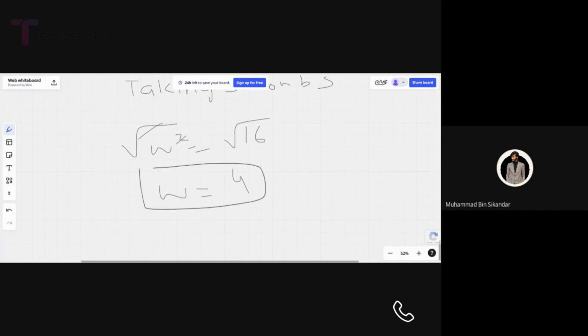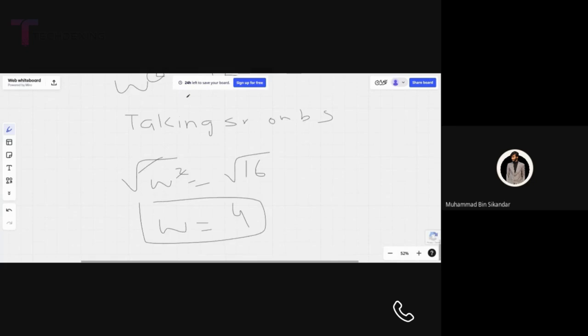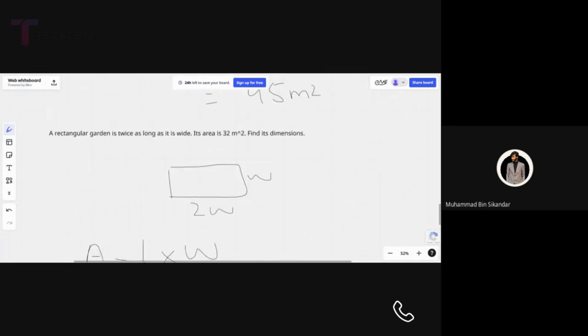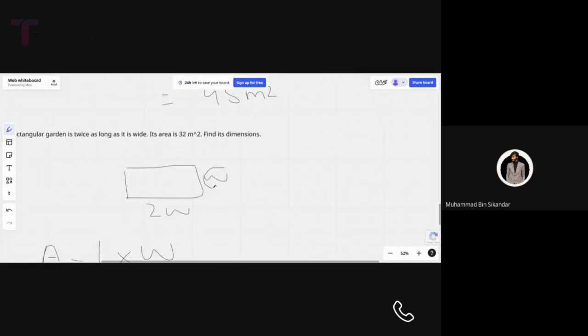W equals 4. So, starting from the start, I have found out the value of W, which is 4, right? The length is twice W, so I will multiply 2 with 4, which will give me 8.